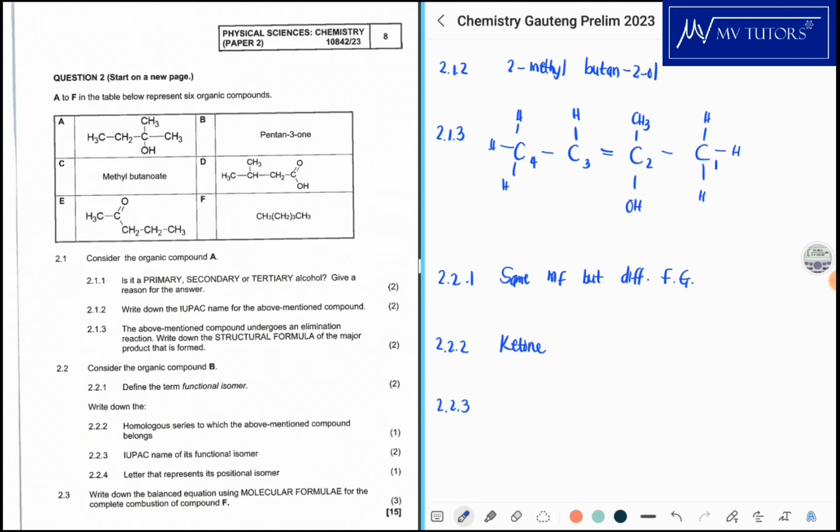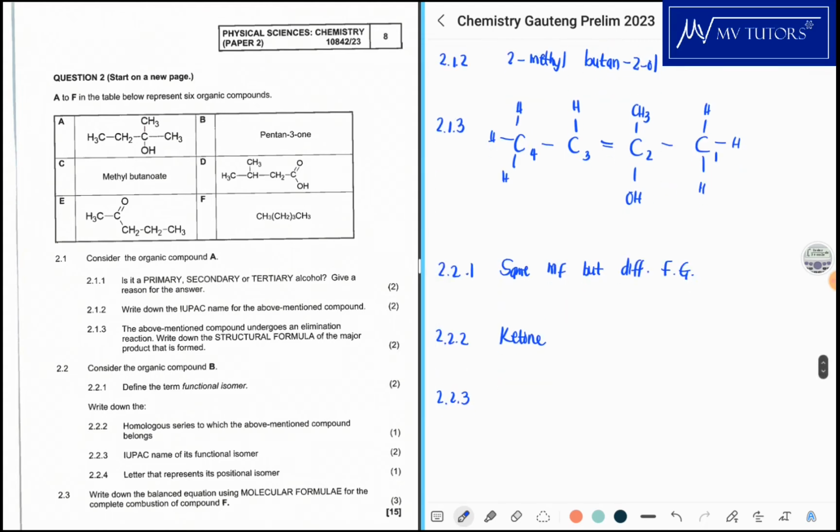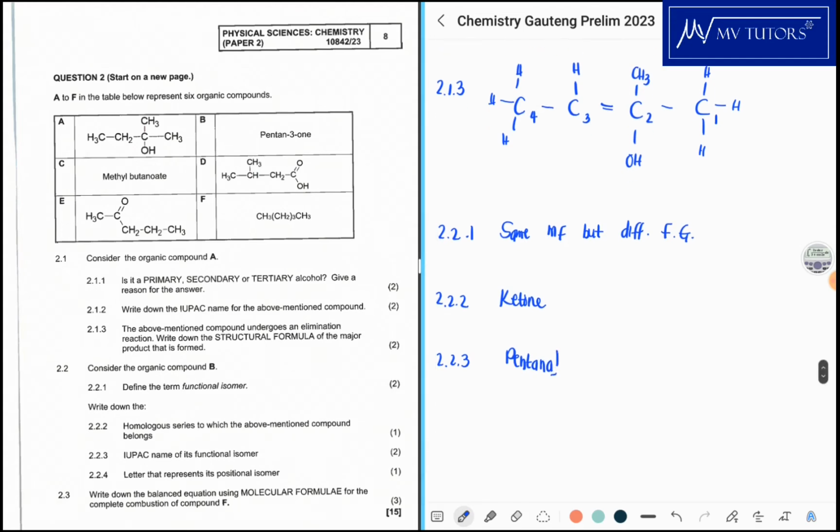Remember, ketones are functional isomers of aldehydes. Aldehydes are straightforward because the double bond to oxygen is at the end, so you don't even need to write out its position. If we have pentan-3-one for the ketone, the aldehyde will simply be pentanal, with the al at the end to signify that it's an aldehyde.